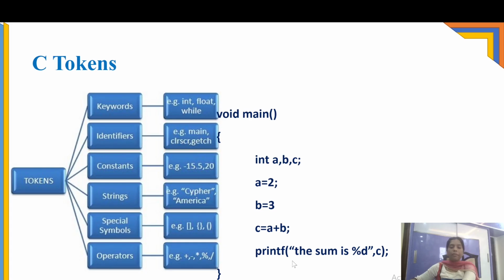And printf is a function name, so it is an identifier. Braces come under special symbols. Quotations and the text are called a string. And C is an identifier. So every word, every letter in this program that we write is one token.